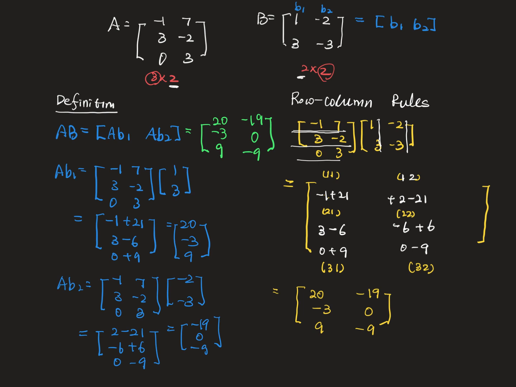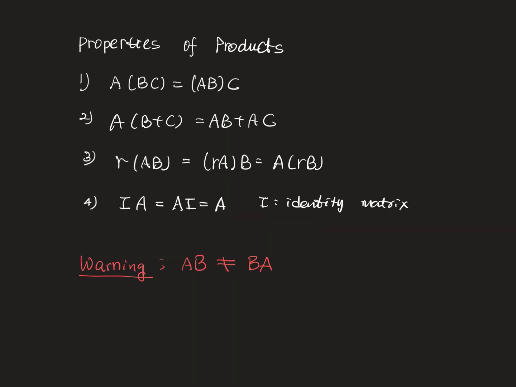All right. Let's go over the properties of matrix multiplication, guys. The first one is the associative rule: when you multiply three matrices, A times BC, BC first and then times A, or AB first and then times C later, is the same. This one is the distributive rule: addition of matrices times B, you do the times first and addition later, it's the same thing.